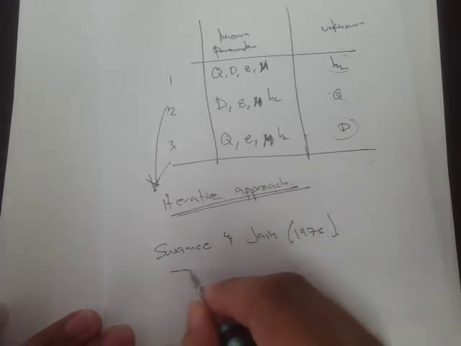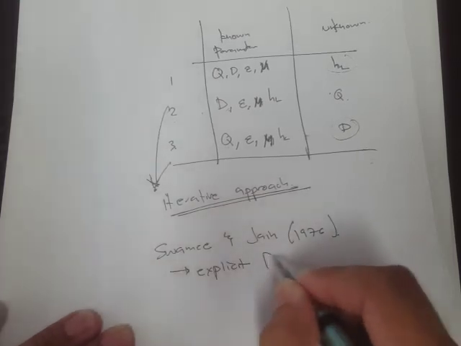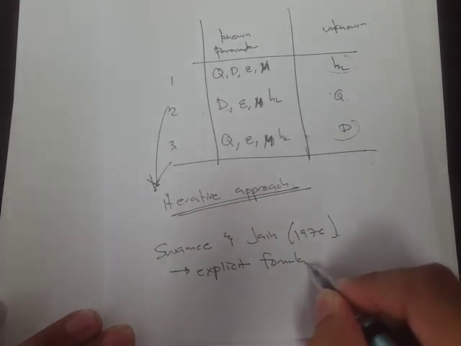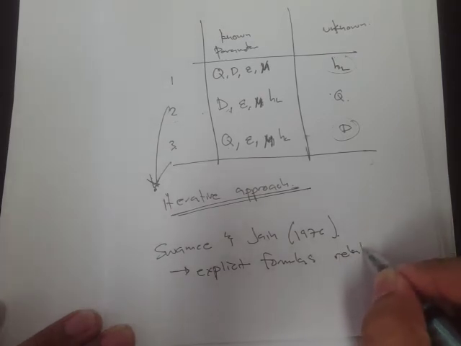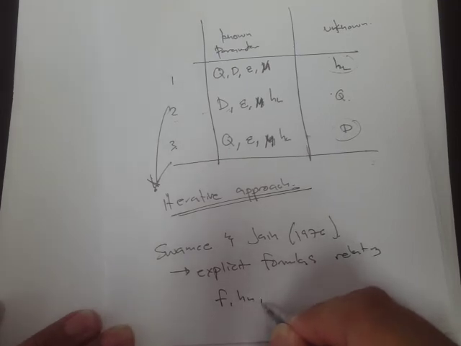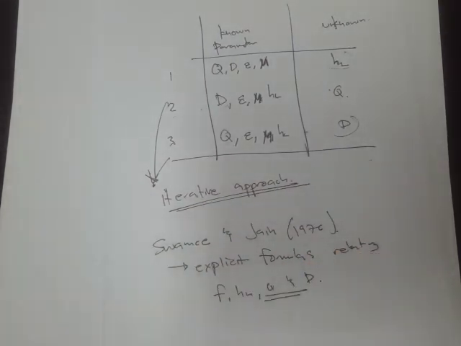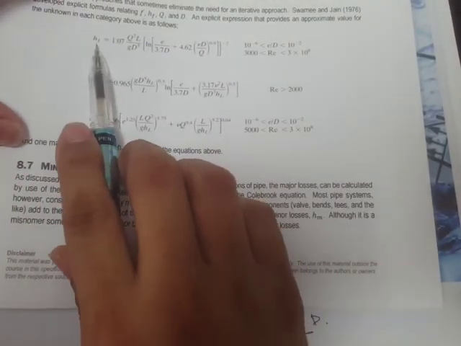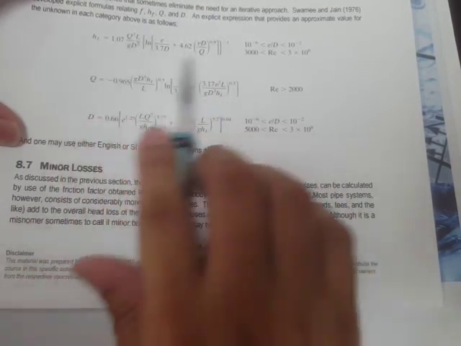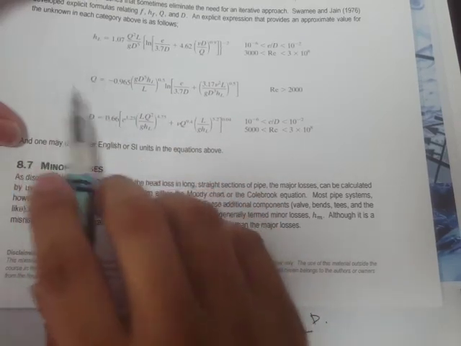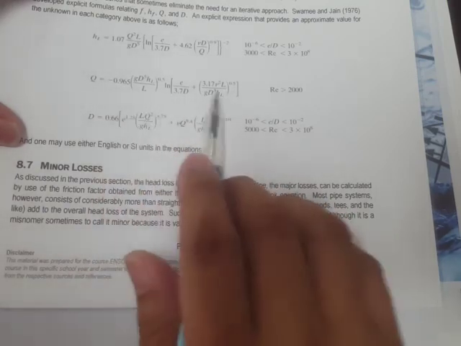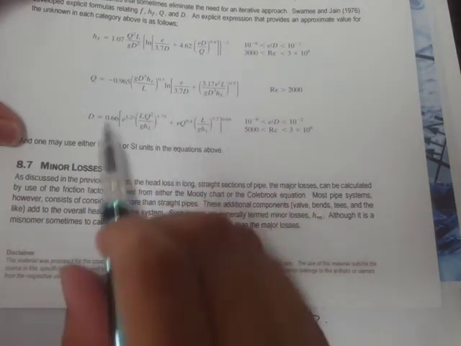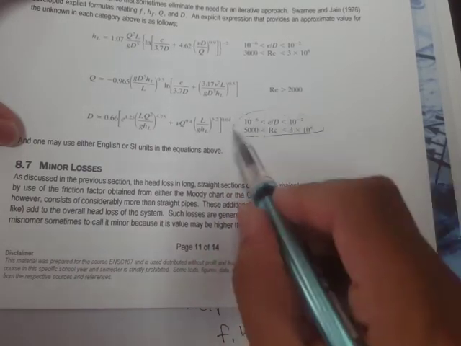They have developed explicit formulas relating F, the head loss, Q, and D. So in our lecture handout, we have this equation for head loss, and you have all the parameters inside here, and if you're looking for Q, then you just substitute all the values here if you have them, and then for finding D, you also have it. And then just take note of these conditions, right?